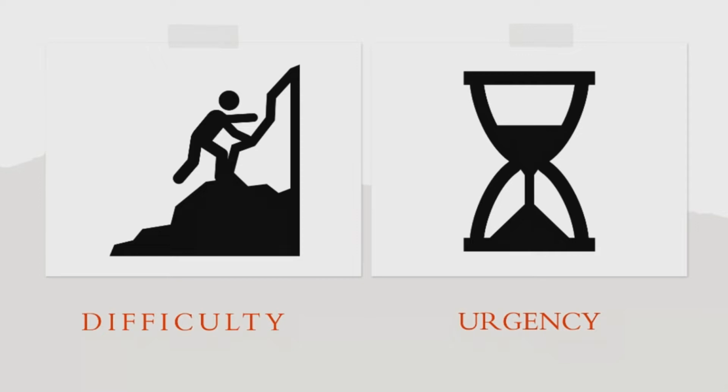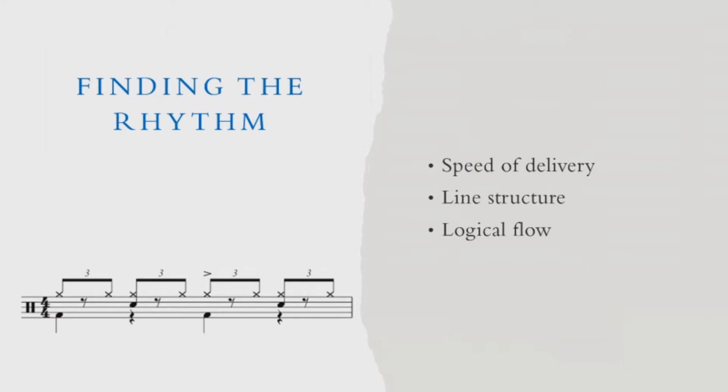Now let's talk really, really small, which is finding the rhythm of your dialogue. It's a difficult concept to illustrate without getting very, very deep and technical. So I am going to use some very, very tiny measurements. And you do not need to do this with yours, though it is a good idea sometimes. You'll see what I mean in a second. Speed of delivery.